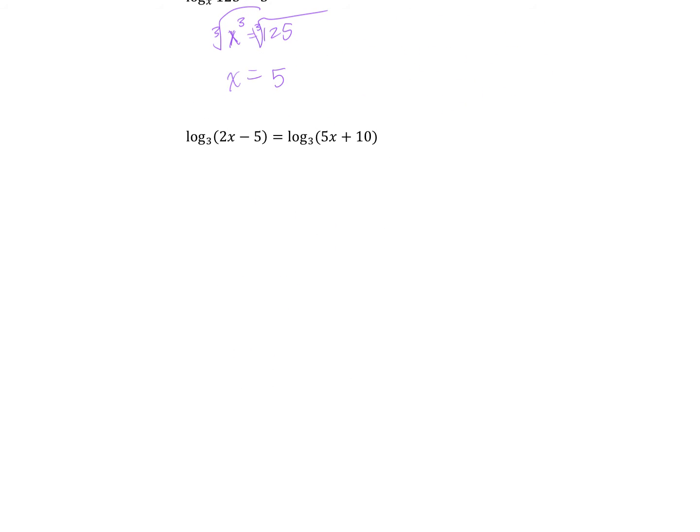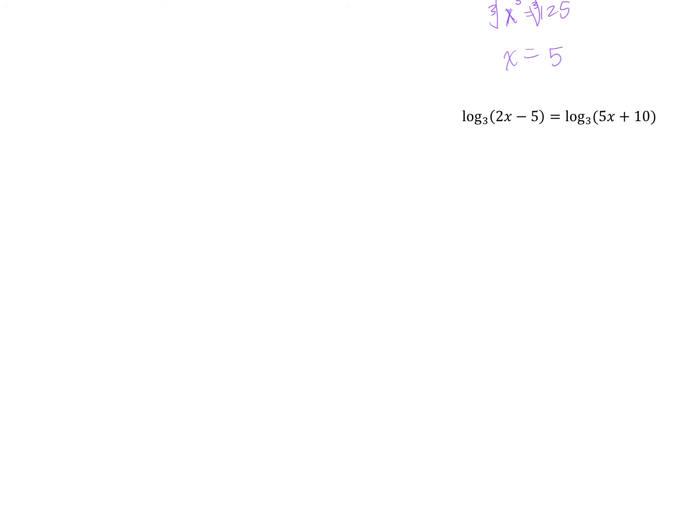Hey, what should we do here? Could we just divide out log 3? I don't like the phrase divide it out because, can I take a sidebar? If we had 2 to the 3x plus 7 equals 2 to the 5th, when we say 3x plus 7 equals 5, we're not dividing that 2 away. We're just recognizing that these two sides will be equal when the exponents are equal to each other.